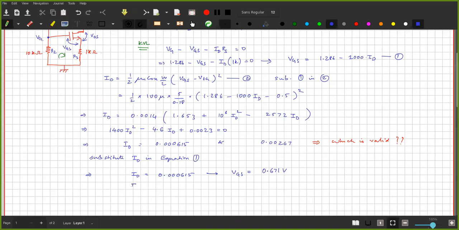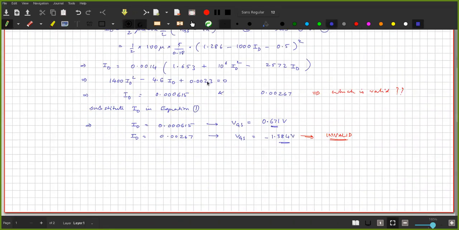For ID equals 0.00267, the corresponding VGS value is minus 1.384. These values you can get on your own. Obviously among these two, the second is invalid. VGS cannot be negative for an NMOS transistor.